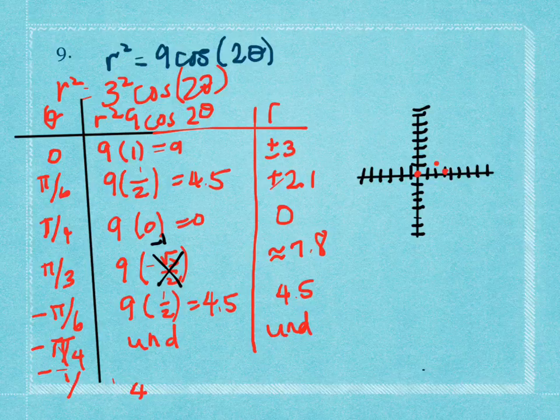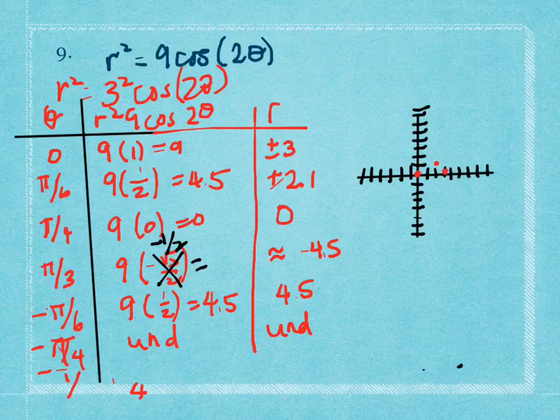So this is actually negative 4.5. Alright, so pi thirds and negative 4.5.